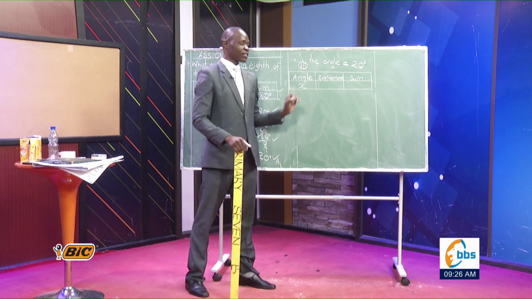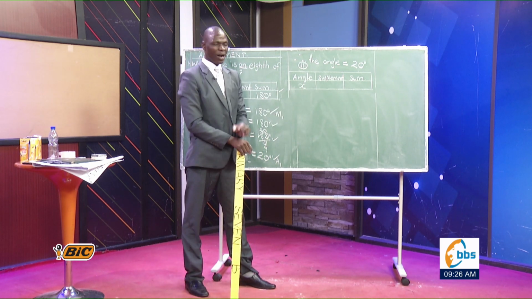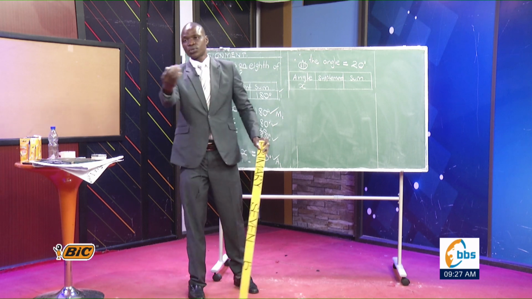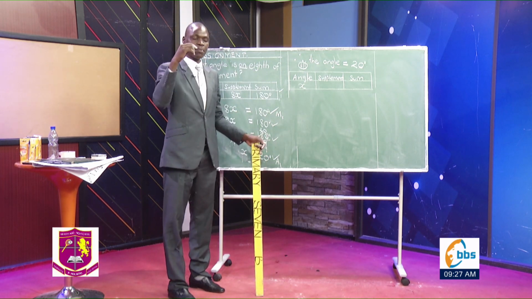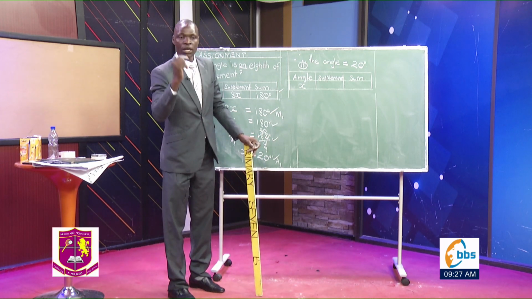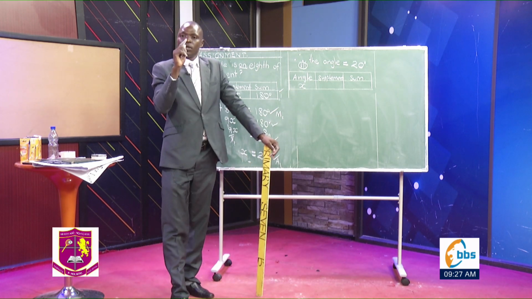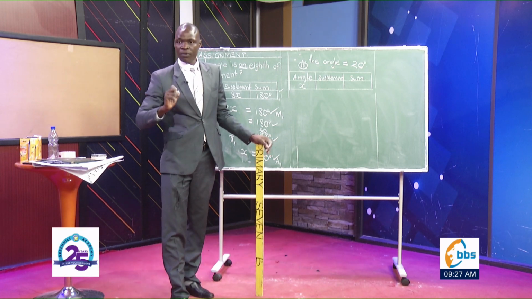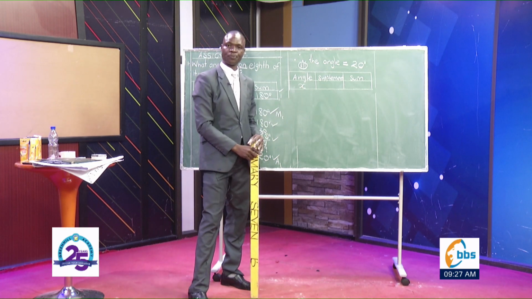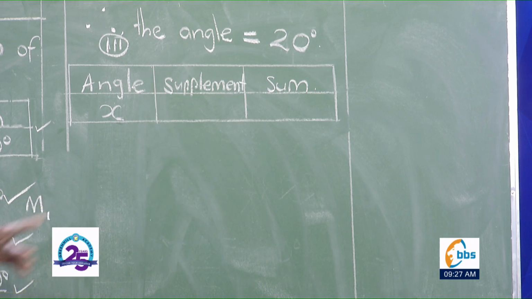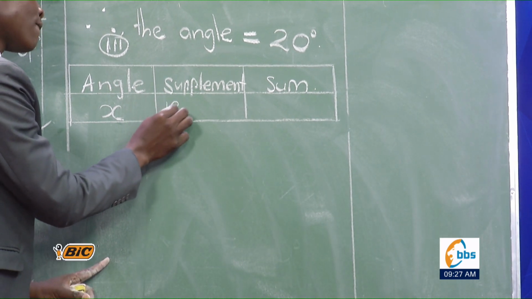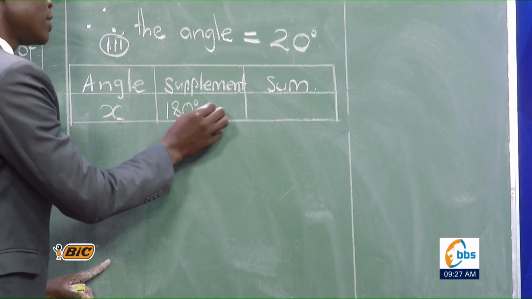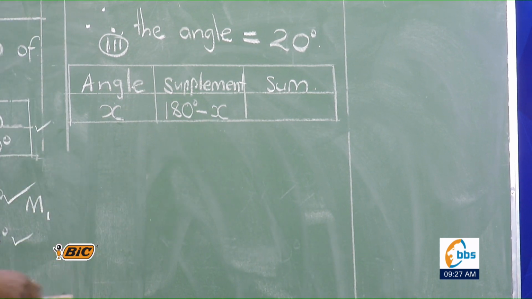If our angle is x, once we know the angle, we can also know the supplement. For instance, I was asking last time, what's the supplement of x degrees? We just get 180 degrees minus the angle. Now for this case, if the angle is x, then the supplement obviously must be 180 degrees minus that angle.